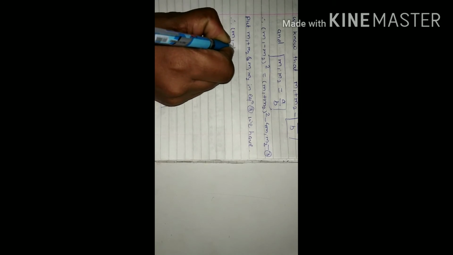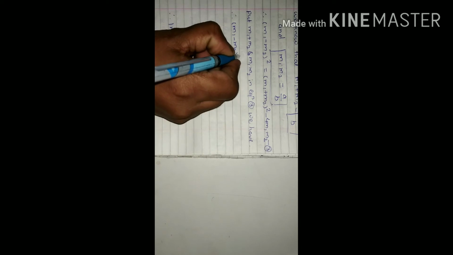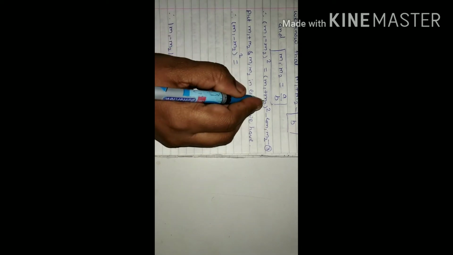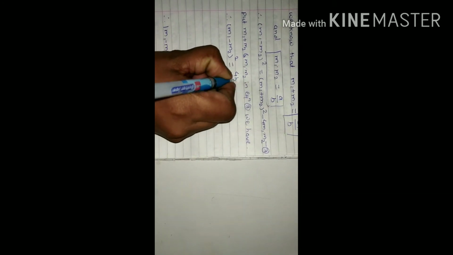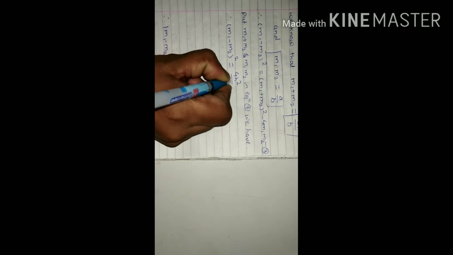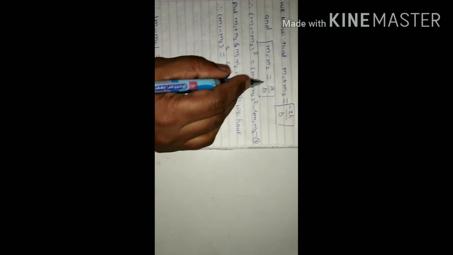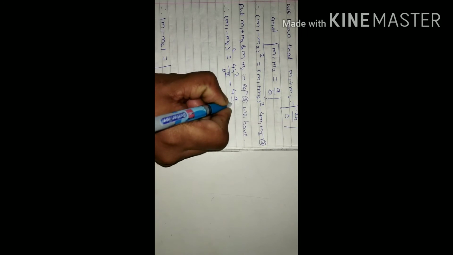m1 minus m2 whole square is equal to the square of minus 2h divided by b, that is 4h square divided by b square, minus 4 into a divided by b.